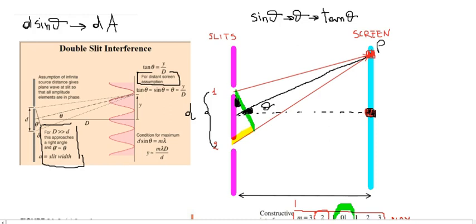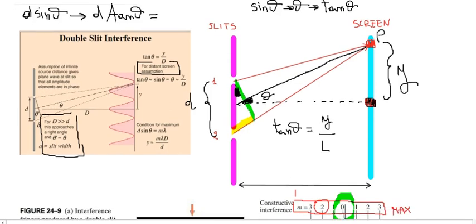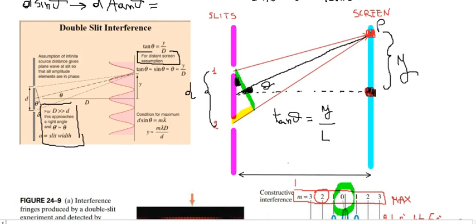So you can say that the tangent of theta is equal to, if I call y the distance between the central maximum and the point P, pretending that the screen is my y-axis, the ratio of y divided by L, where L is the distance between the screen and the slits.